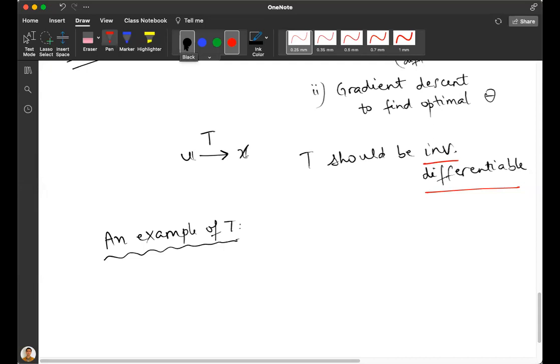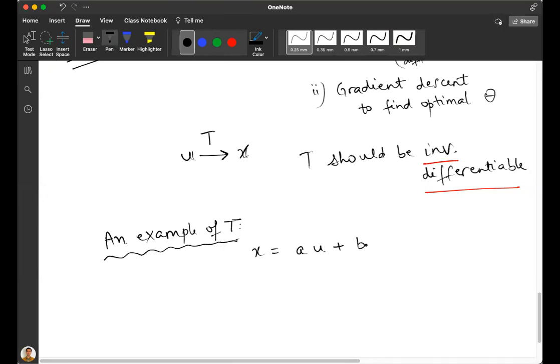Identity. Identity, yes. Okay, something more complicated. AX plus B. AX plus B, very good. So a straight line basically, or a hyperplane. A straight line is an invertible function. So let me define a straight line. I will say X is equal to AU plus B.